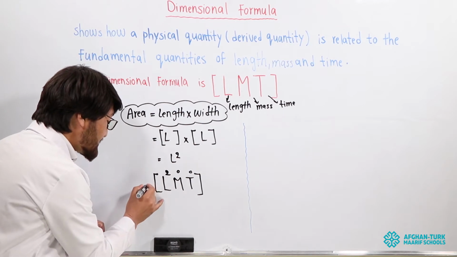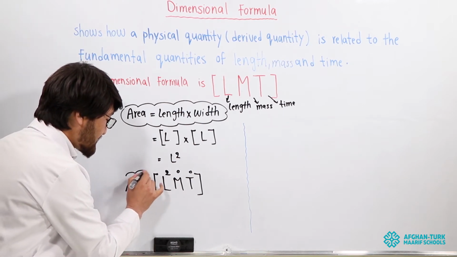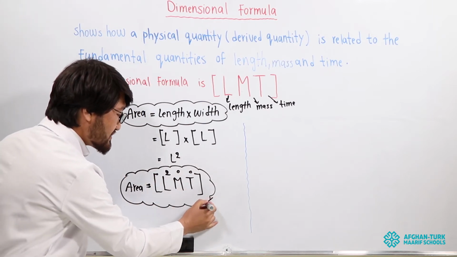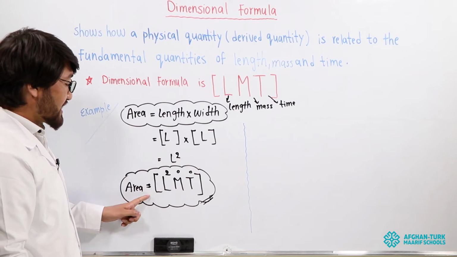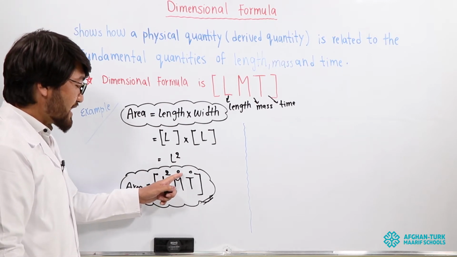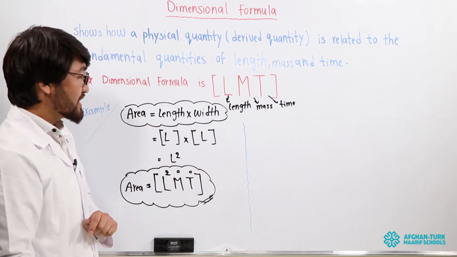This is the dimensional formula for area: L to the power of 2, M to the power of 0, and T to the power of 0.